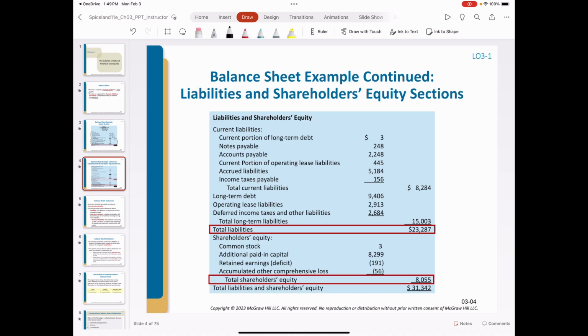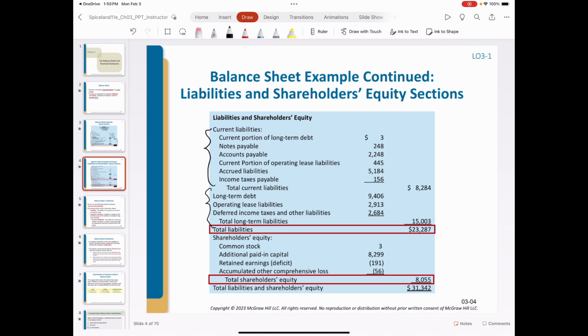The next slides report the liabilities and the stockholders' equity, the other two elements in the balance sheet. Similar to the assets, liabilities are reported as current liabilities and long-term liabilities, in the order of their maturity: how soon the liability will be paid off or settled.